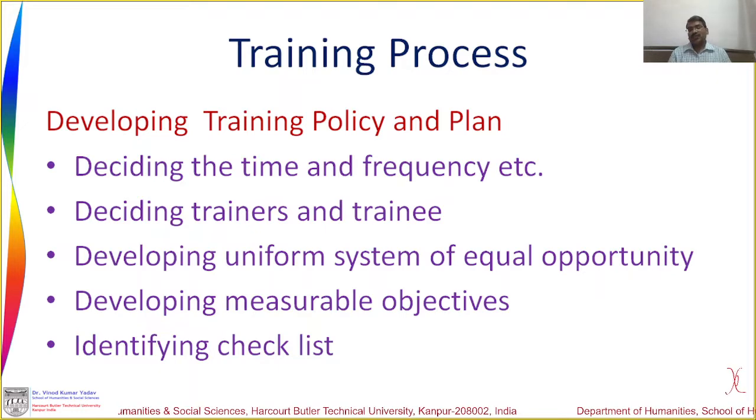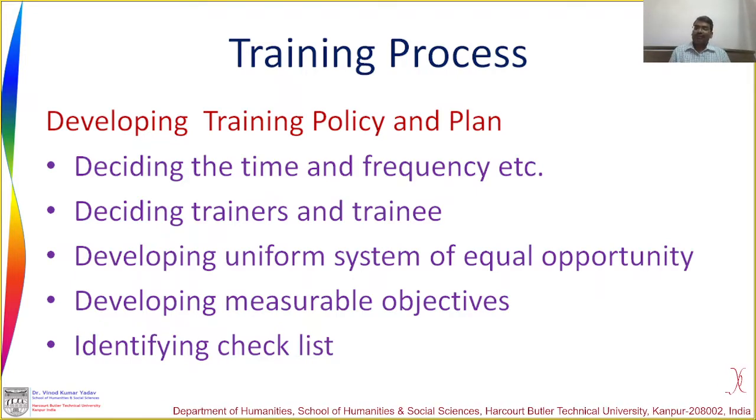You must define uniformity and standardization. For example, sometimes it says that employee training on a particular machine should not be more than 15 days or 1 week. So maximum 1 week training on a particular machine. And you say that after 6 months, every employee must be given at least 1 week training. So you decide about the time and frequency, which becomes the training policy.